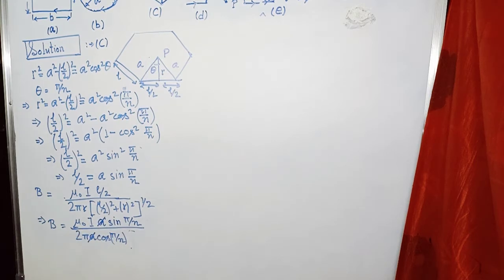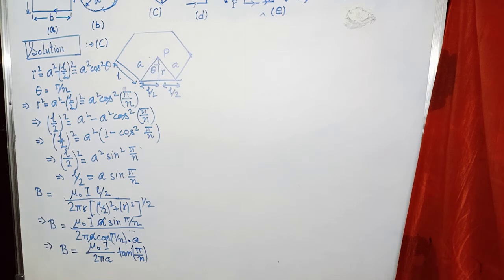So after cancellation of this term, we can write our net magnetic field B will be equal to mu naught I divided by 2 pi a into tan pi divided by n. This is our required magnetic field.